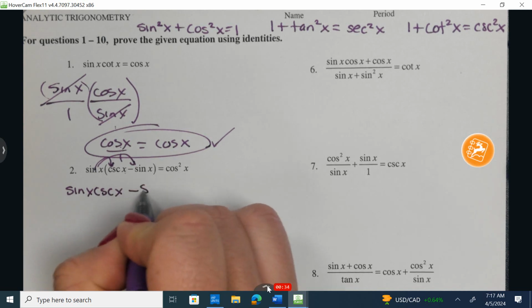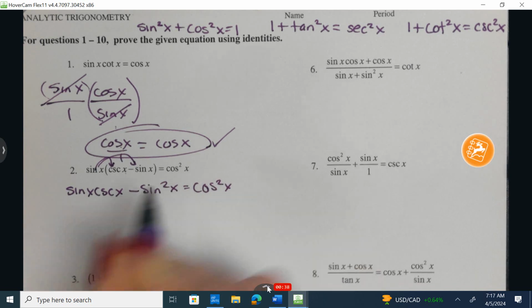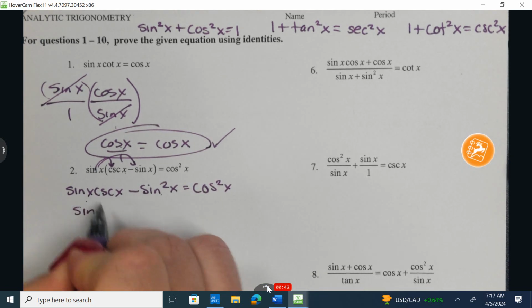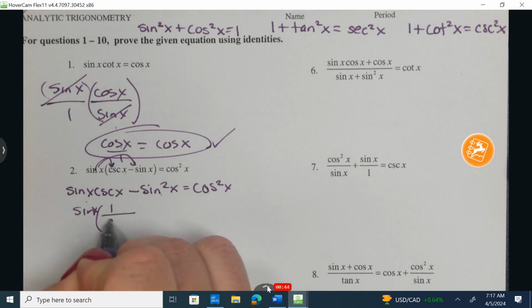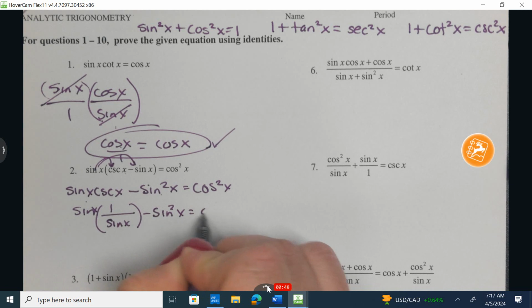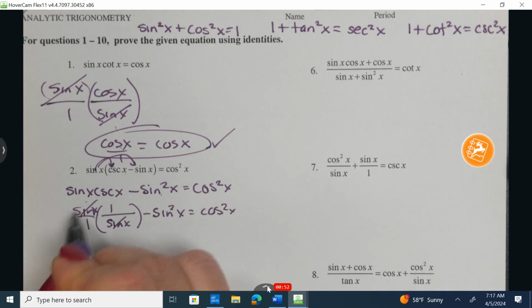Make sure you show all of your steps. Take your time as you distribute. Alright, so what can I do here? Well, I can rewrite this as 1 over the sine of x. And then the sine on top and the sine on bottom are going to simplify to 1.